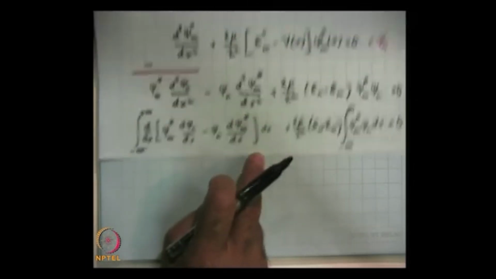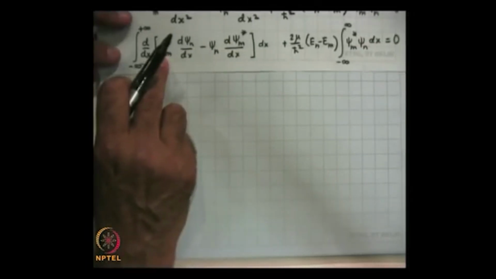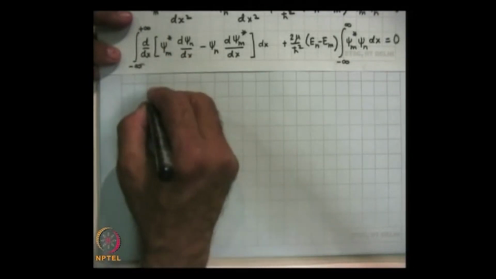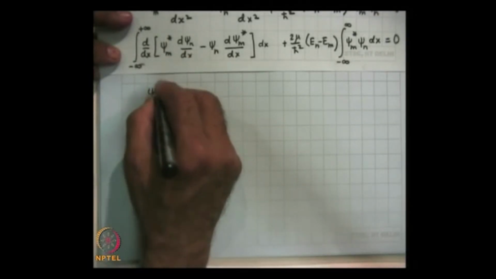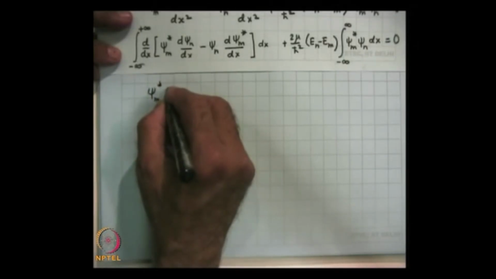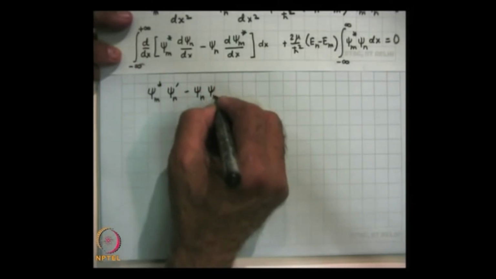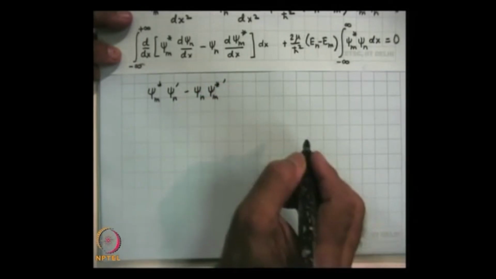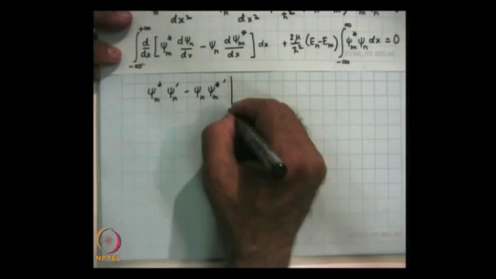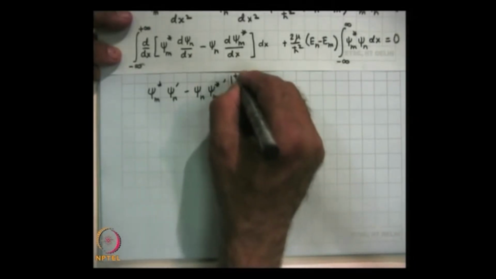Therefore, the left hand side after carrying out the integration will be just psi m star psi n prime minus psi n psi m star prime, taken between minus infinity to plus infinity.